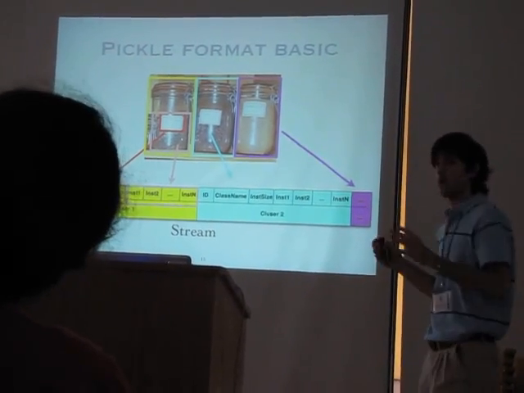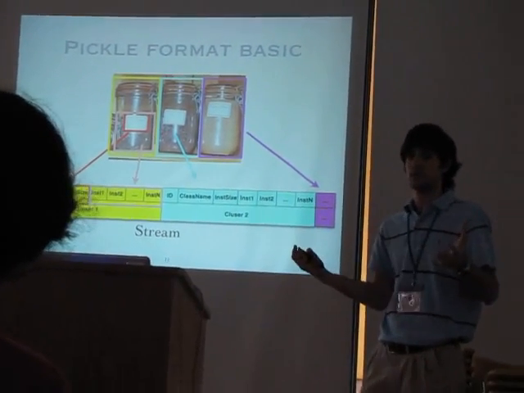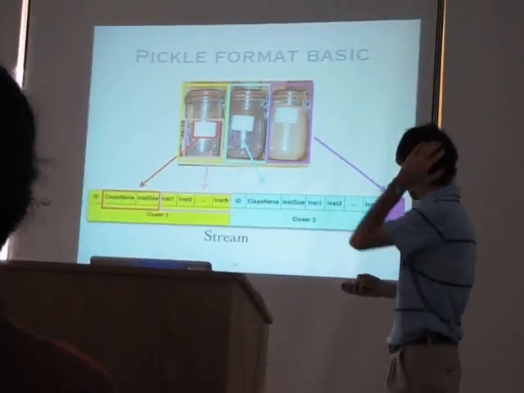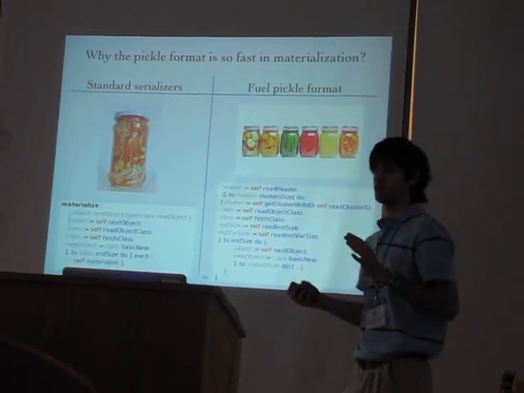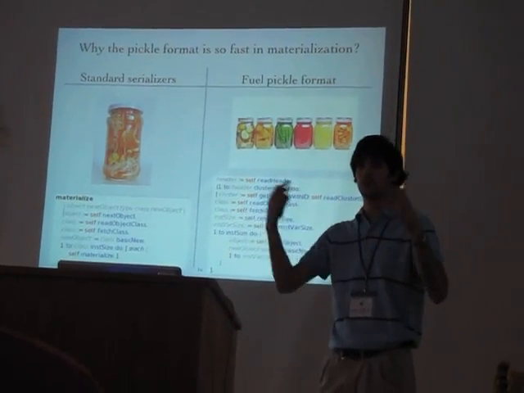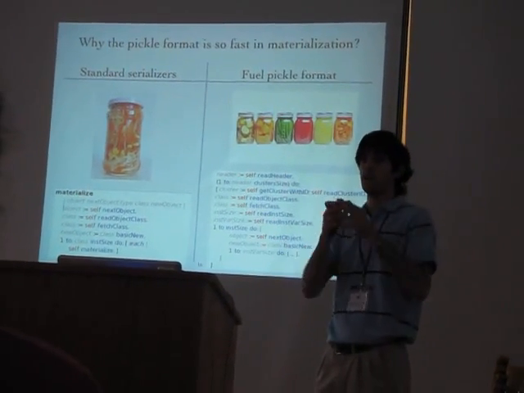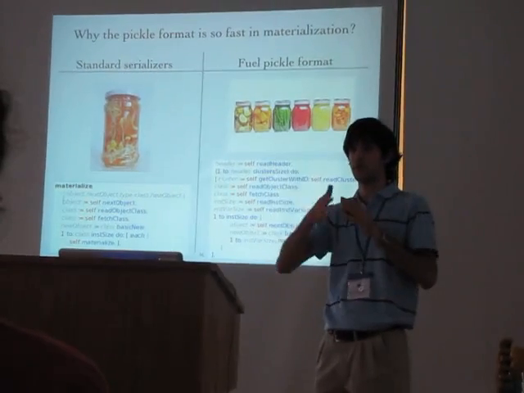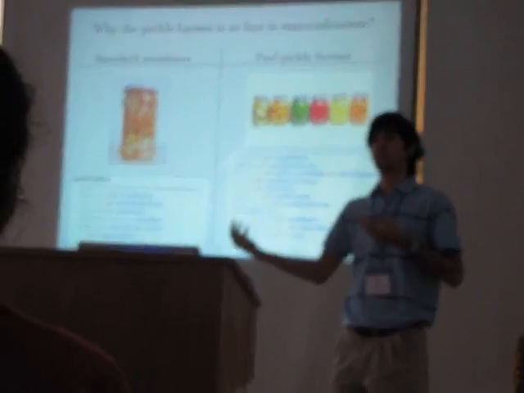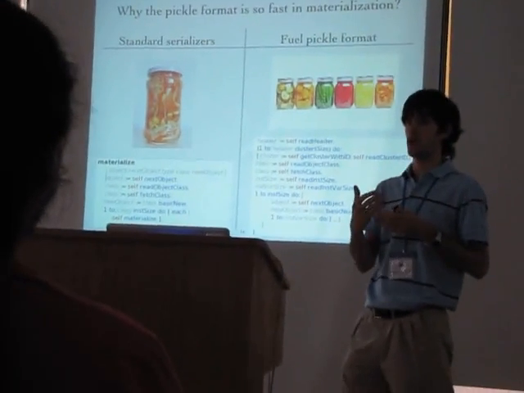So why do we want to do that? Why is this better than regular serializers? In a regular serializer, when you serialize a graph, it traverses the graph, and the objects are written in the stream while the graph is being serialized. So when you materialize, you need to materialize the same way.